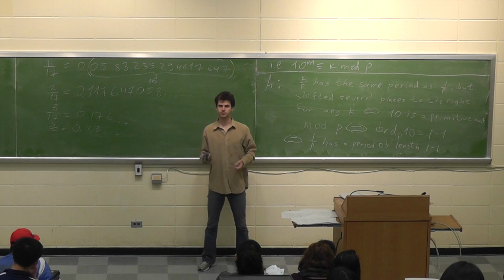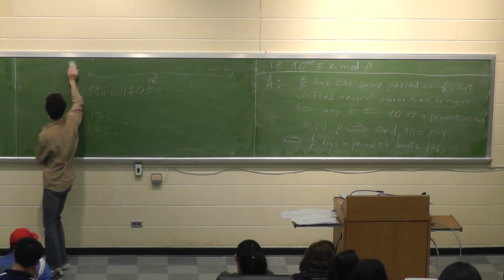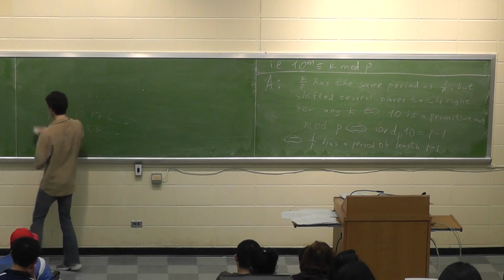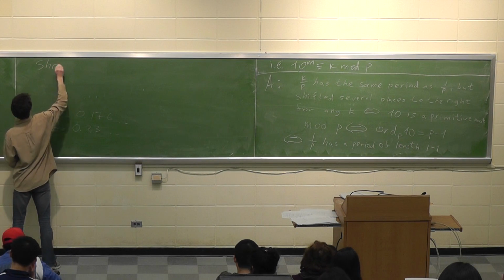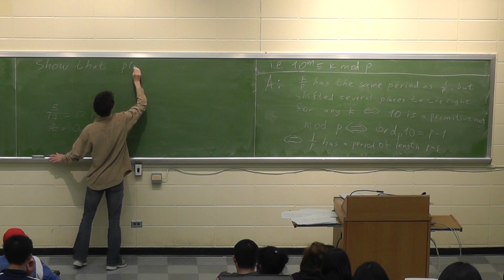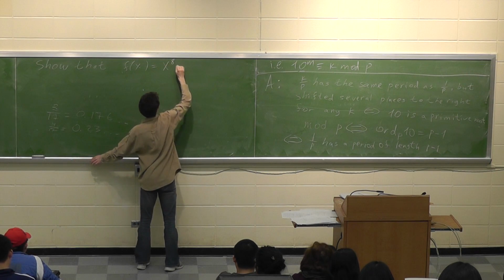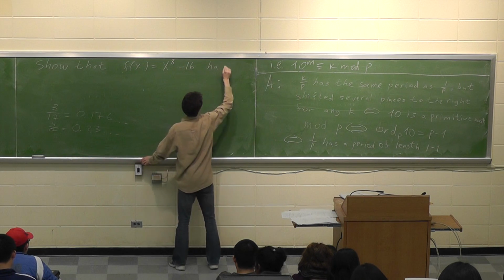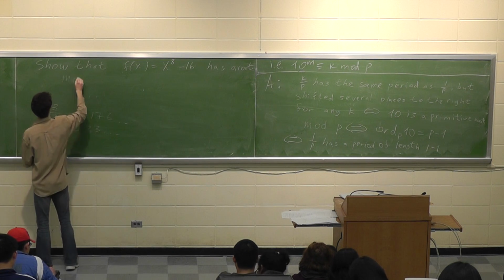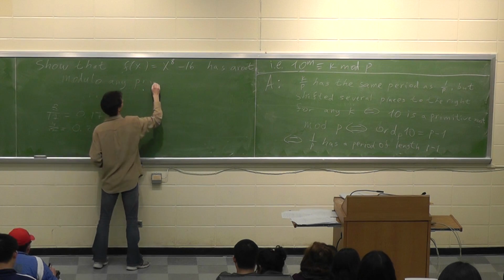I want to devote a relatively short amount of time to discussing such a question. Show that x to the power 8 minus 16 has a root modulo any prime p.